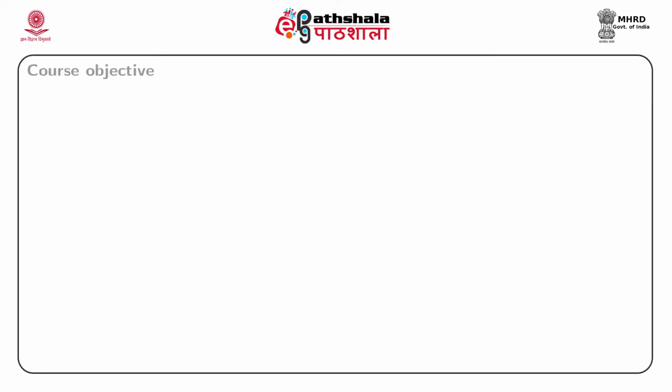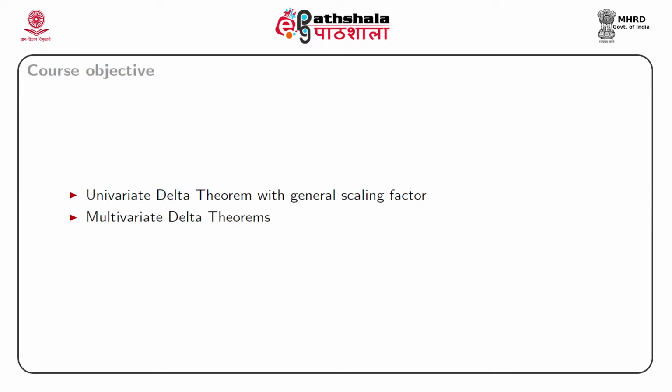So in this module we shall discuss some possible issues with univariate delta theorem, and then pass on to multivariate delta theorems and provide some examples of these theorems. First of all, let us start with some interesting issues with delta theorem.